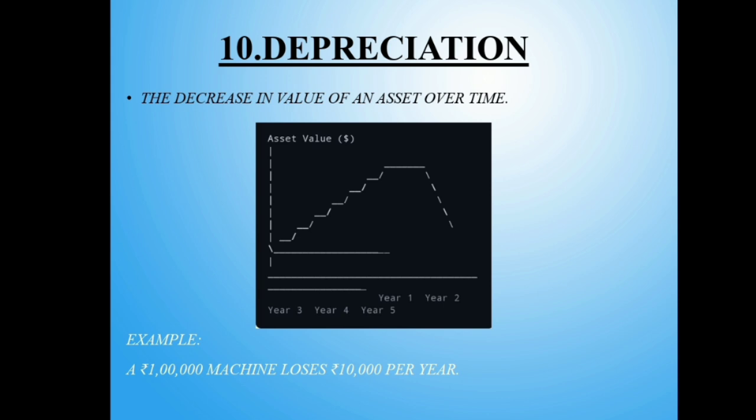This means the machine's worth keeps decreasing as time passes. For year one, 1 lakh rupees minus 10,000 is 90,000, and in the second year 90,000 minus 10,000 is 80,000 rupees. Like this, the value of the machine decreases yearly.